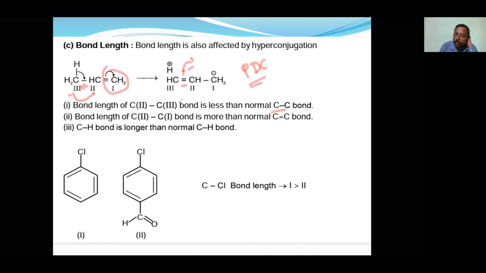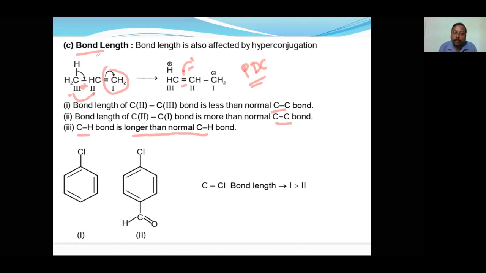Even carbon 2 and carbon 1, it is a double bond, but it is longer than the normal double bond because after some time it becomes a single bond. And the carbon-hydrogen bond is longer than the normal carbon-hydrogen bond. So that is the bond length variation.